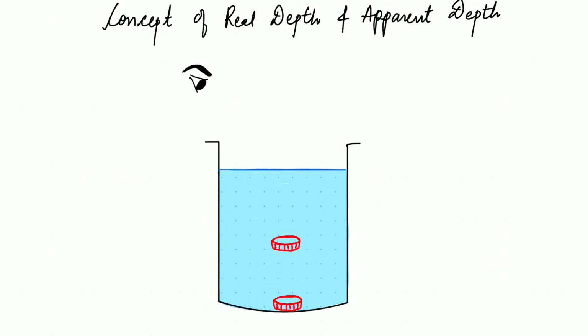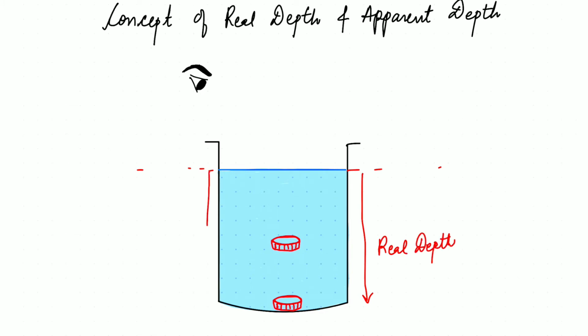Now let's try to understand what real depth and apparent depth have to do with it. Now this is the interface. From the interface, the real depth or the real height of the coin is what you call the real depth.